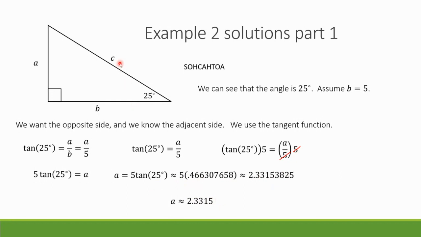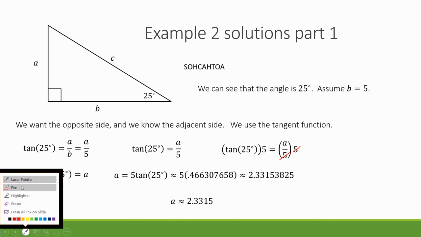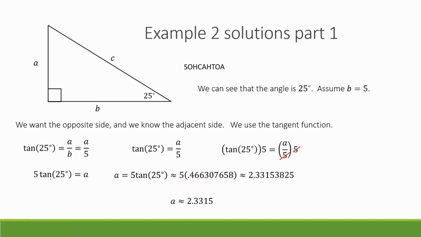How about C? From here, can we get C without using A? We know B, which is 5, and we have 25 degrees for the angle. B is the adjacent side, and C is the hypotenuse, as you can see. So we have adjacent and hypotenuse.